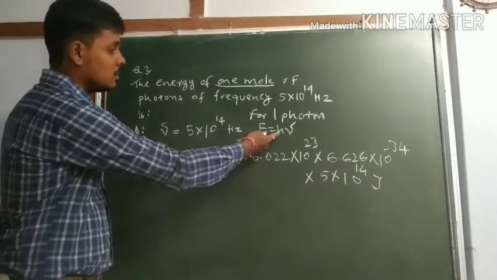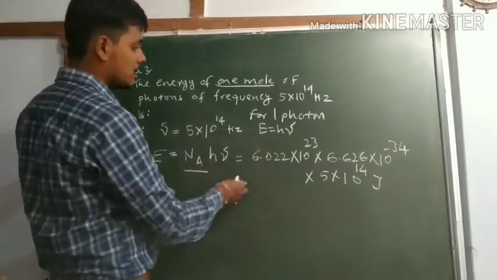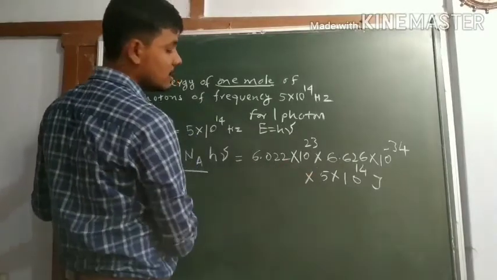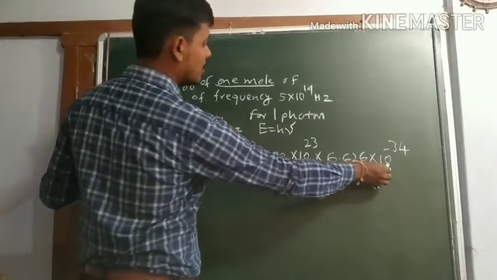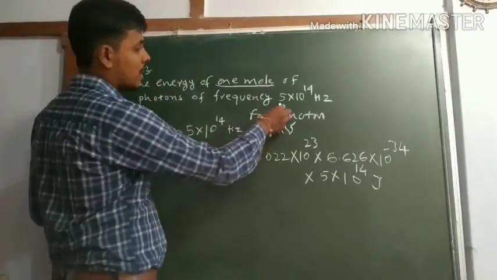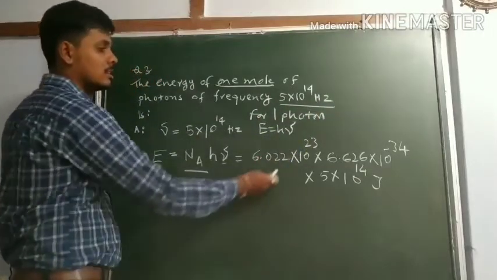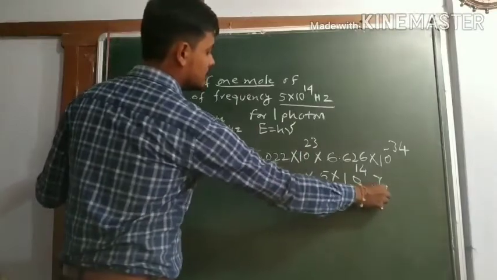So h nu into Avogadro's number. Okay. So what is Avogadro's number? 6.022 into 10 to the power 23. Na, h is 6.626 into 10 to the power minus 34 joule second. And what is frequency nu? It is 5 into 10 to the power 14 hertz.